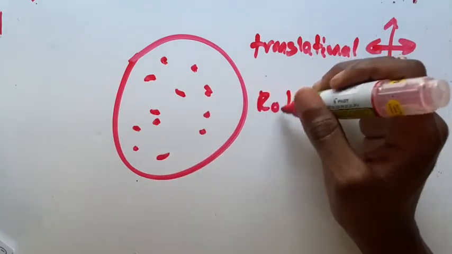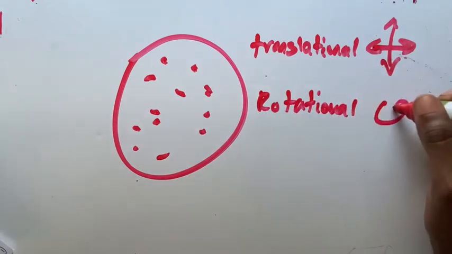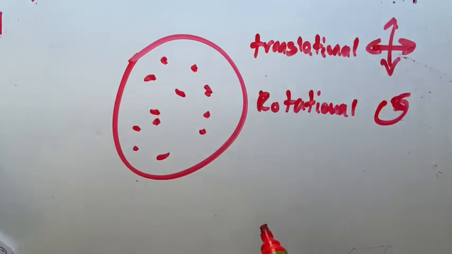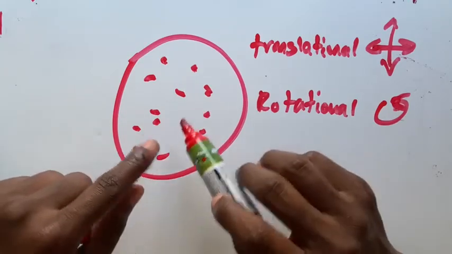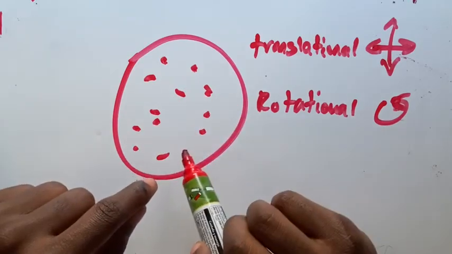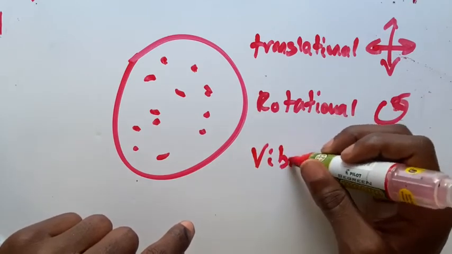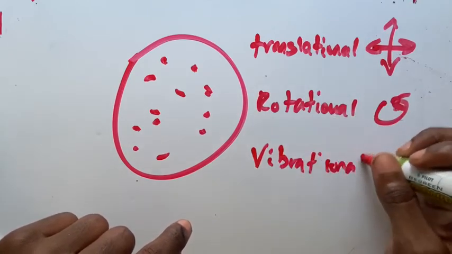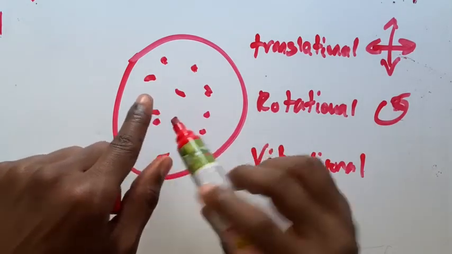Rotational basically means a rotation or a spin. So of course, molecules can also be spinning around in here as well as moving up and down and left and right. And vibrational just means the molecules themselves are shaking.